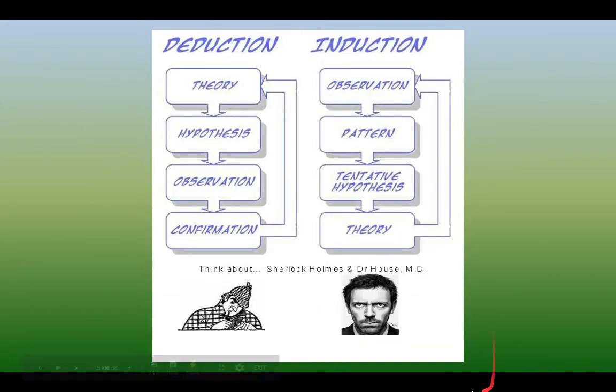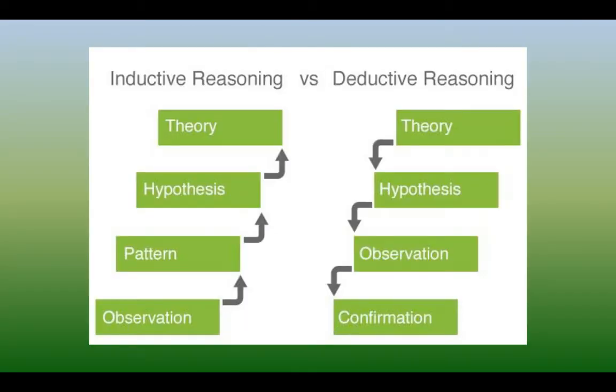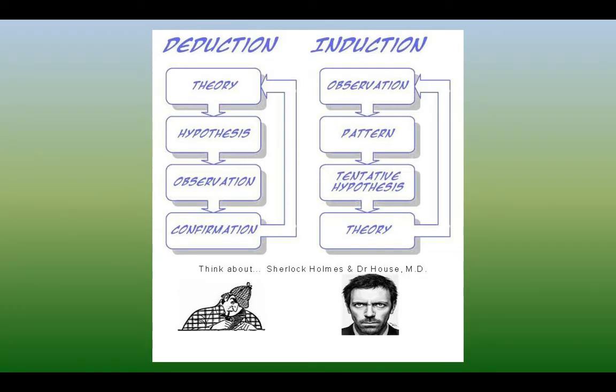I don't know if you're big fans, but we all know about Sherlock Holmes. Maybe you saw this show in the early 2000s. They're flipped from the previous slide, so just notice inductive reasoning is on the left here, deductive on the right, and of course, to make it inconvenient, they're switched up here. But it helps, because Sherlock Holmes was a deductive reasoner.